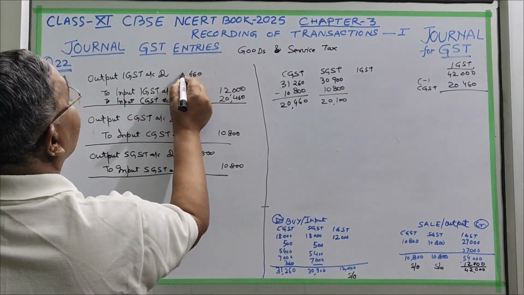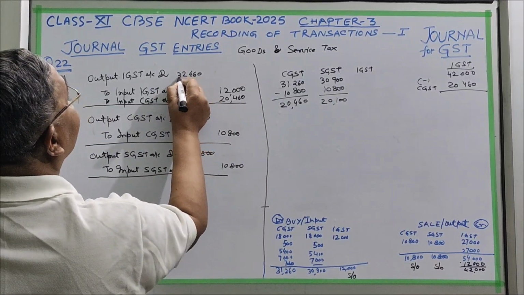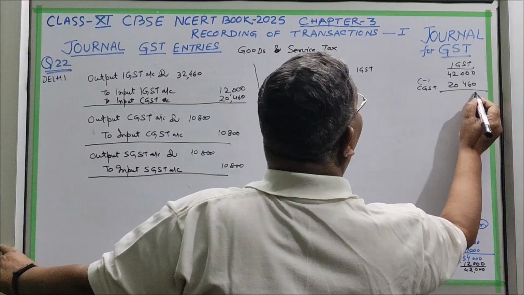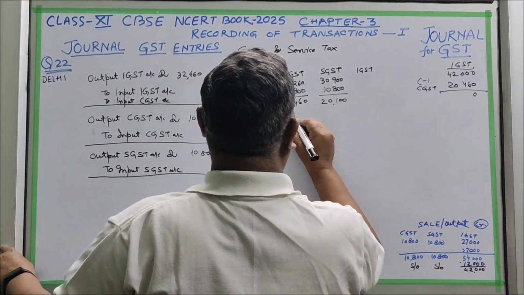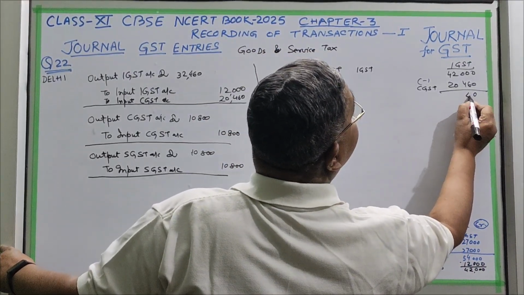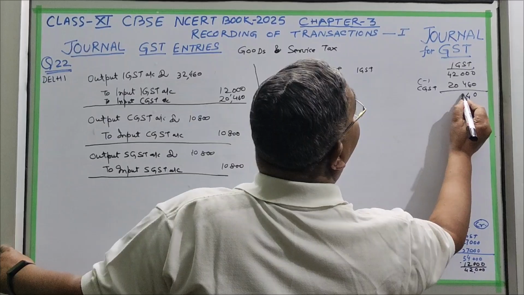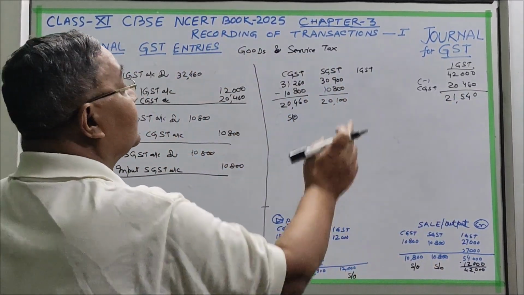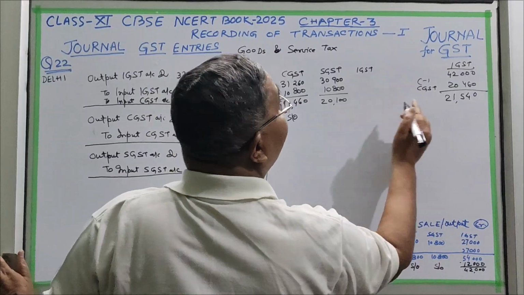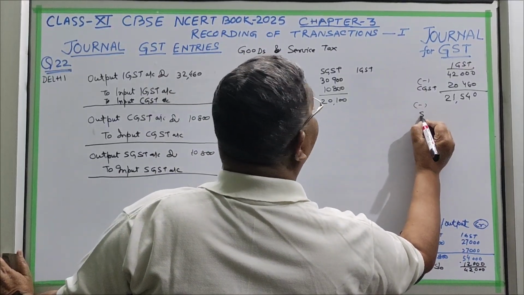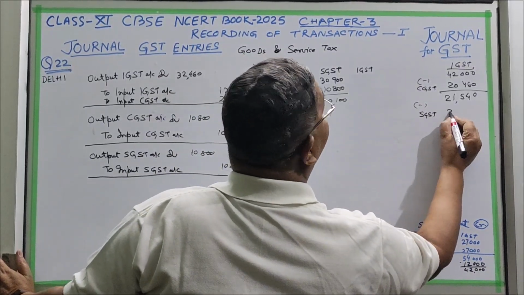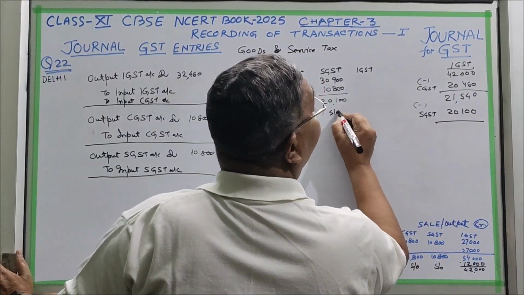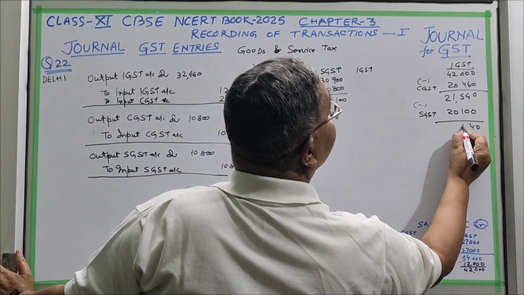The remaining balance can now be used for SGST. 20,100 you can use for setoff, so 0 will remain.